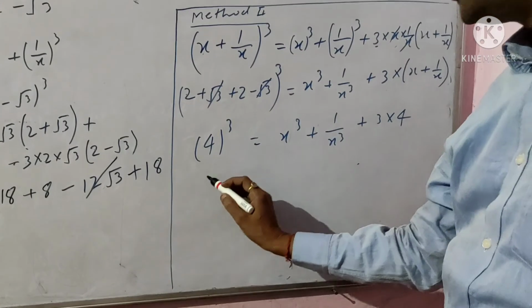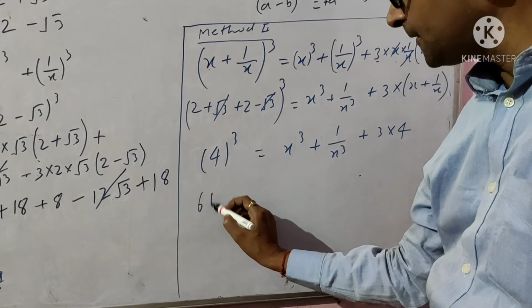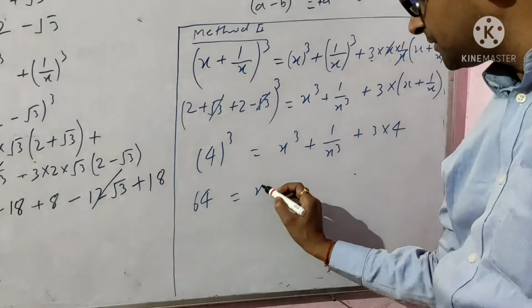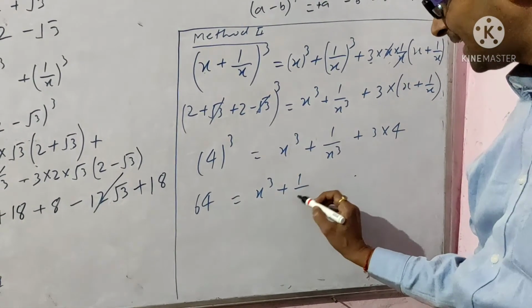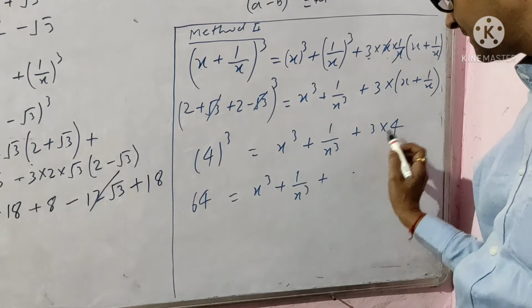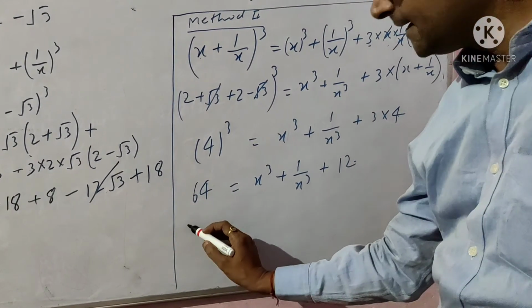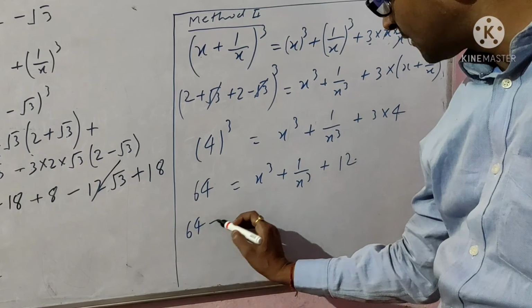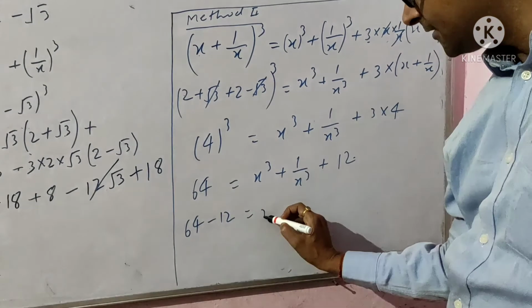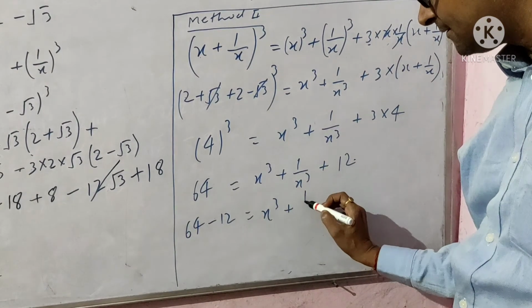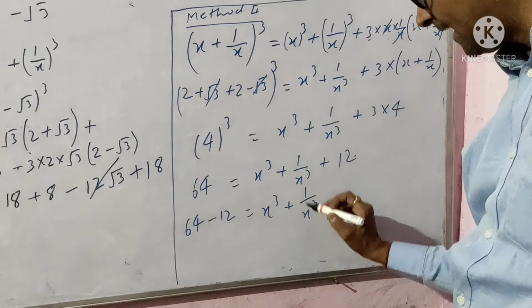Okay, so 4 cube 64 is equal to x cube plus 1 by x cube plus 4 3 is 12. Okay, 12 value moves here, then negative sign, that means 64 minus 12 is equal to x cube plus 1 by x cube.